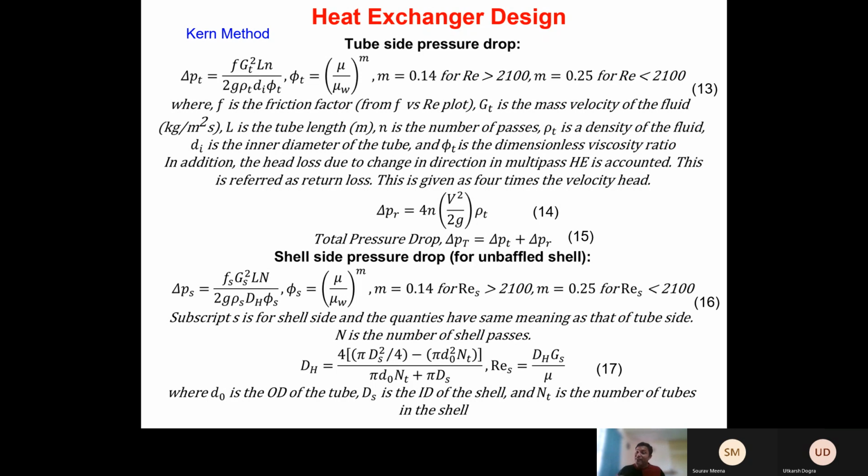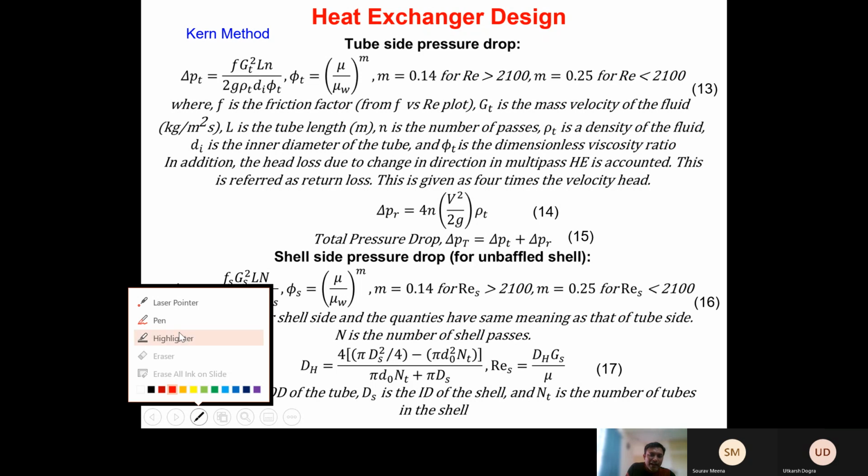Okay. So the major drawback in this methodology is you require all terminal temperatures to design. What I mean by that is, remember in this method how we calculate Q? I have written that earlier. Let me write it again.